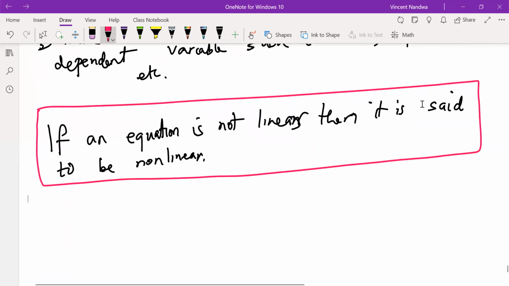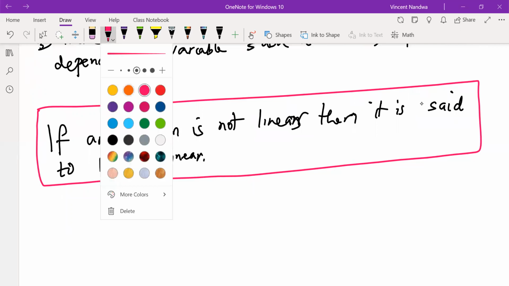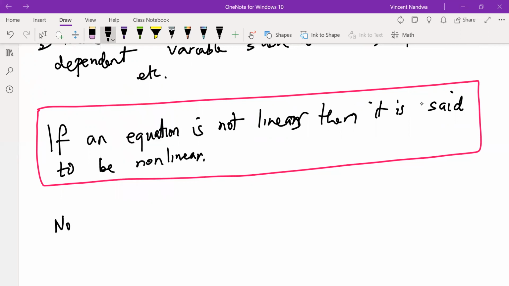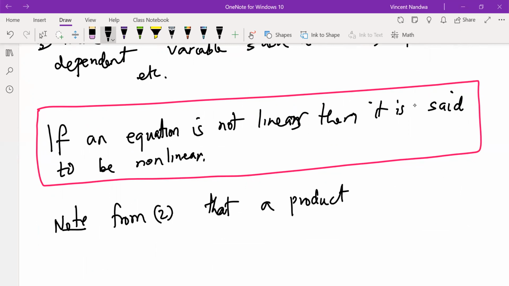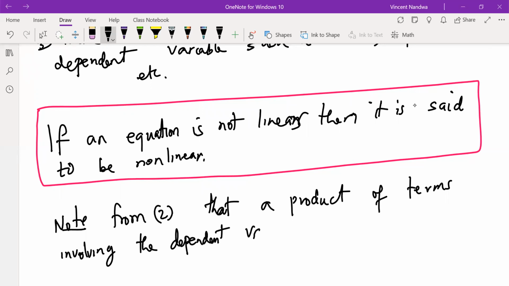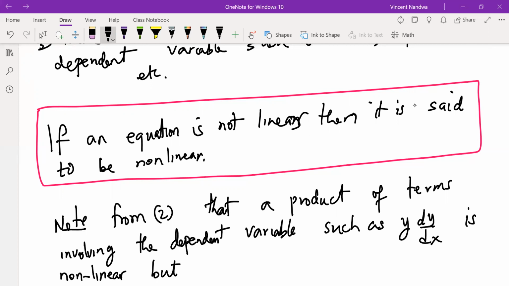So from this summary that we are giving about linearity of a differential equation, note that from the second condition, a product of terms involving the dependent variable such as y dy/dx is nonlinear, but x dy/dx is linear.